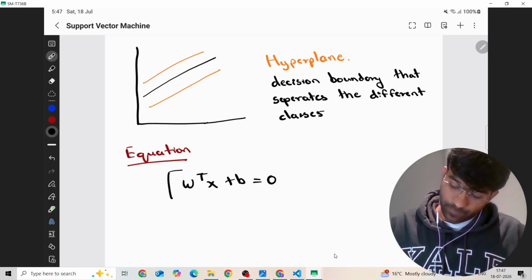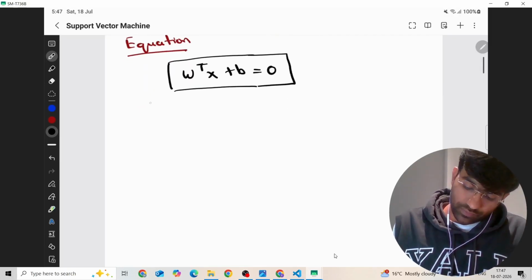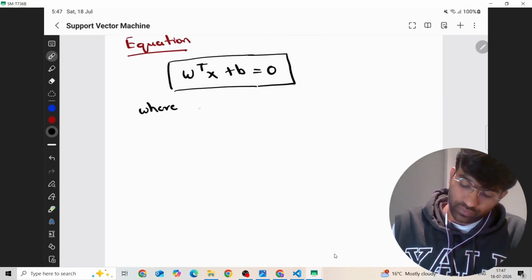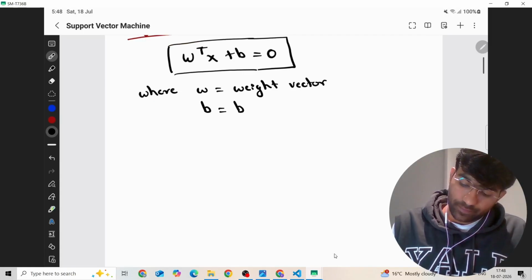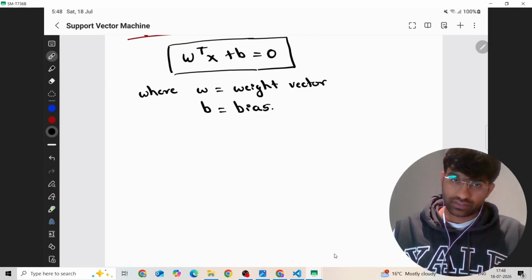This is the equation of hyperplane, where W is the weight vector and B is the bias.